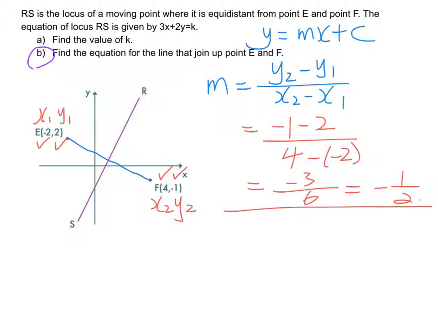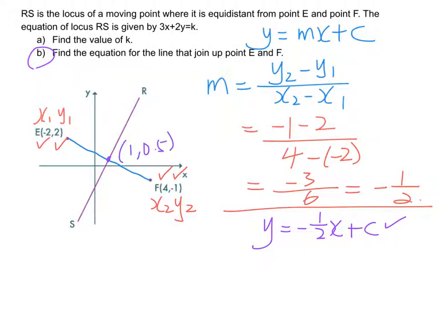Right, so we have the equation y equals negative 1 over 2 x plus c. The next step is to find c. Now we already found out that this midpoint is (1, 0.5).